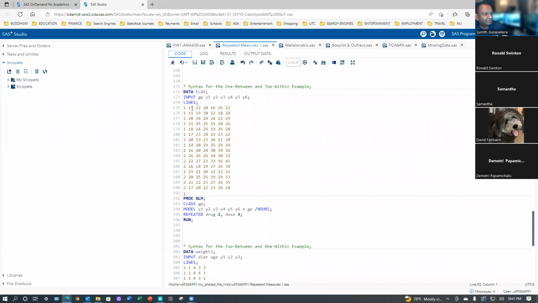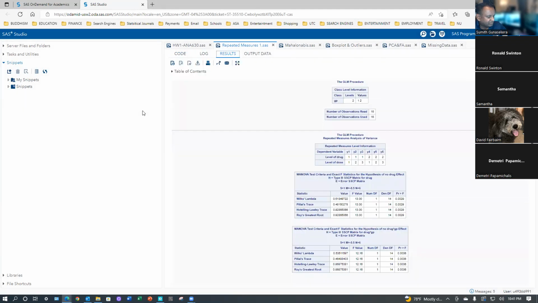So here is the group, and then we are reading 1, 2, 3, 4, 5, 6. The same thing, and later on we have to interpret the given results. That's all we have to do.